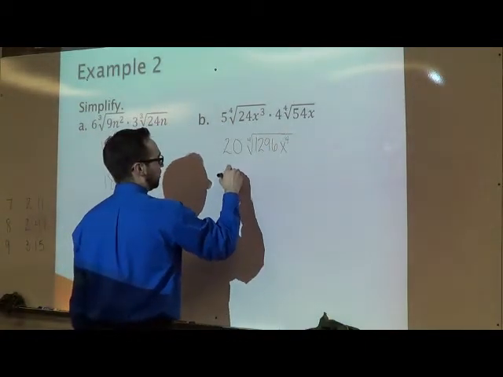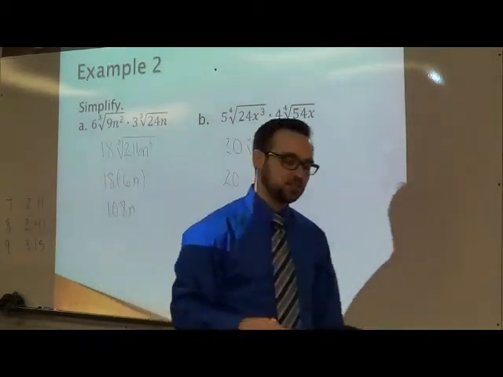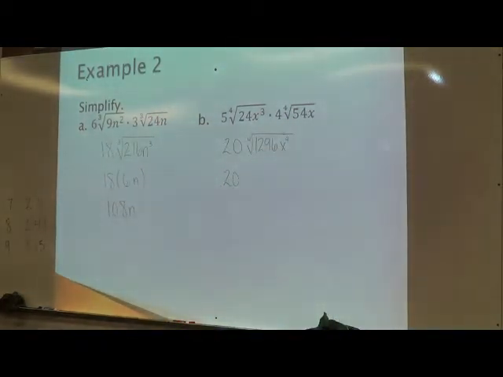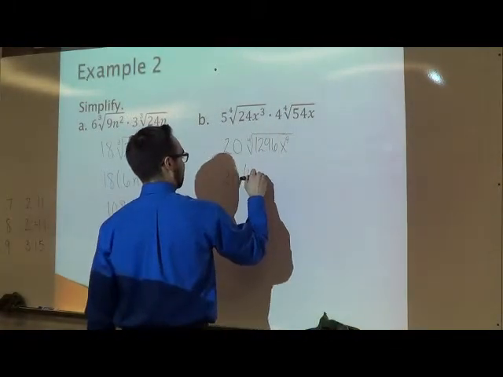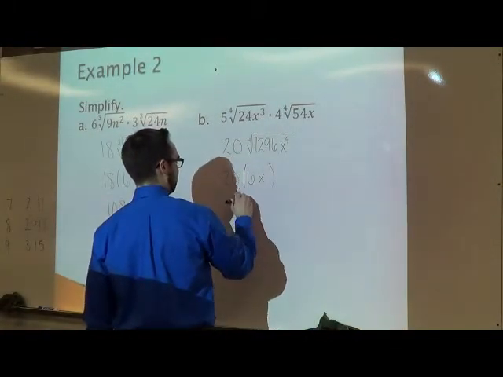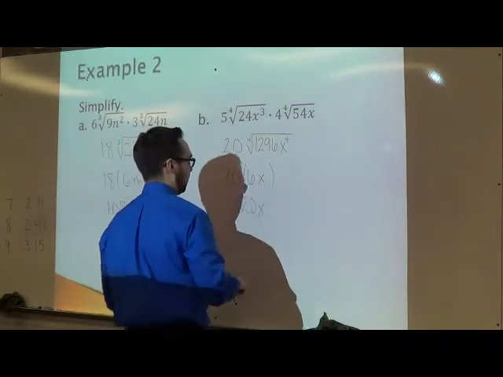So now we need to ask ourselves, is 1296 a perfect fourth? It is. Again, it's 6. So then we'll have 6x, which this all then gives us 120x.